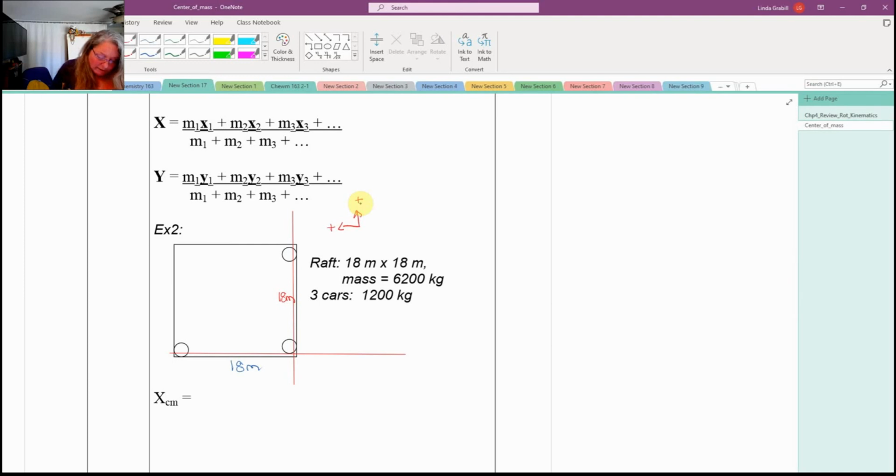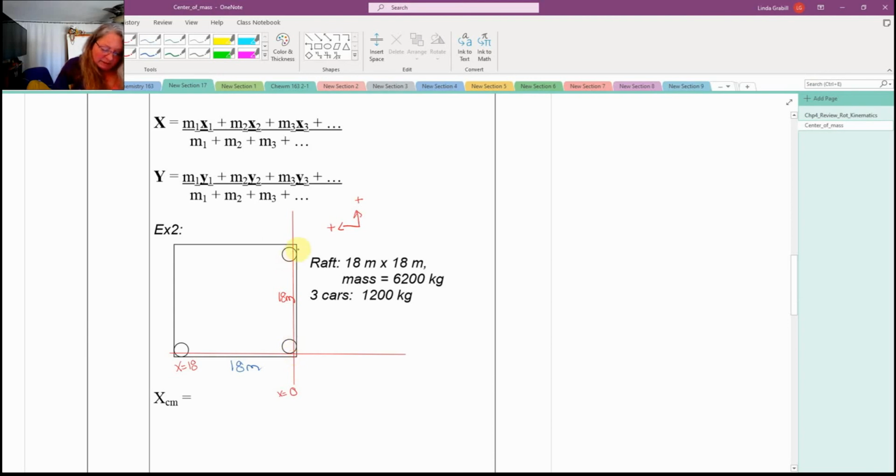So let's see what I've done for myself. Let's start with our x. Here is my x-axis. This will be x equals 0, and this will be x equals 18. So the sum is going to be my 1,200 kilograms times 0, because this is the point that I'm looking at from the x-axis.